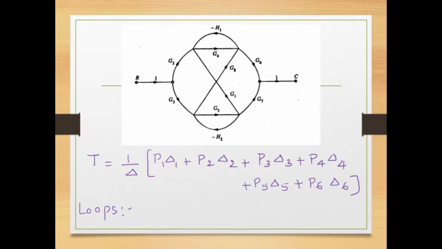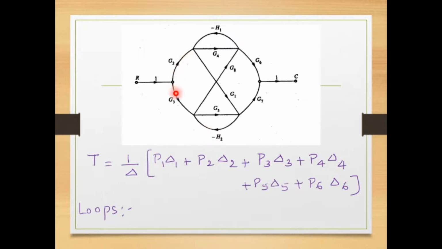The first loop, it is clear, it is this one, having the gain G4 into minus H1. We have one more loop which has a gain G5 minus H2. And we have one more loop, that is G1.